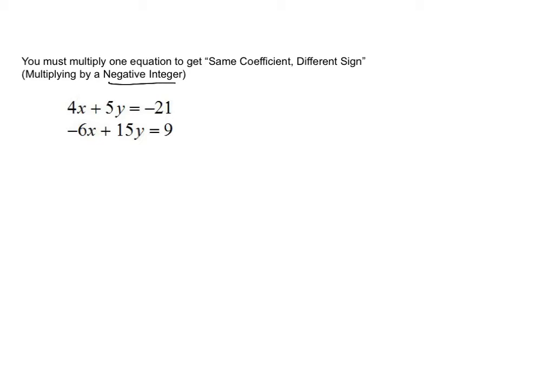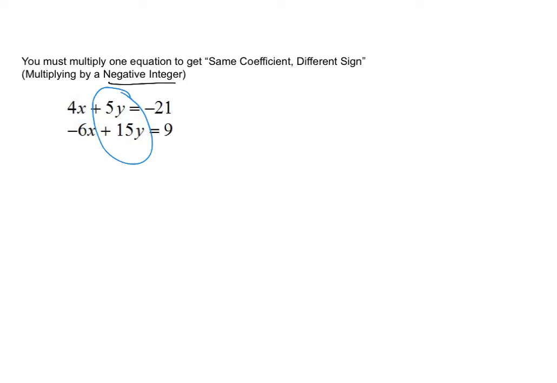Looking at the first one, they are different signs, so that's nice. However, there is no number I can multiply 4 by to turn it into 6, and there is no number I can multiply 6 by to turn it into 4. So I can't try and eliminate the x variable. So that means we have to go to our y.